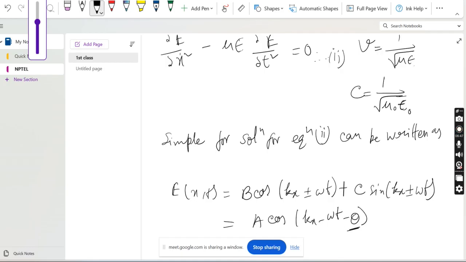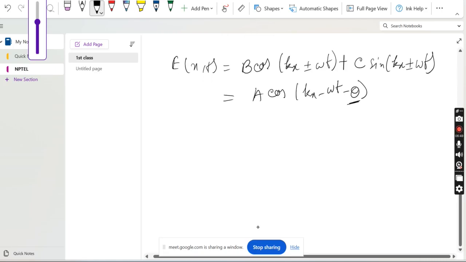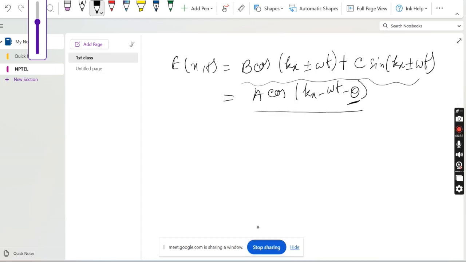Theta is the initial phase of the wave. How we can write this identity as this has been discussed in the class.